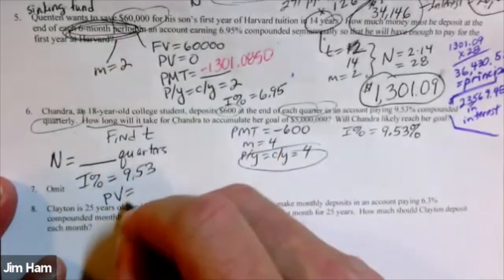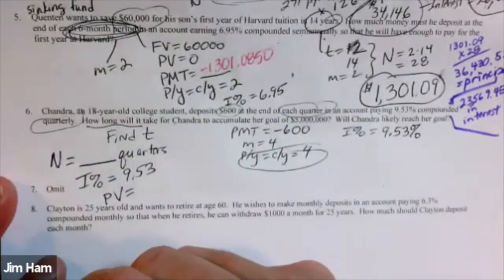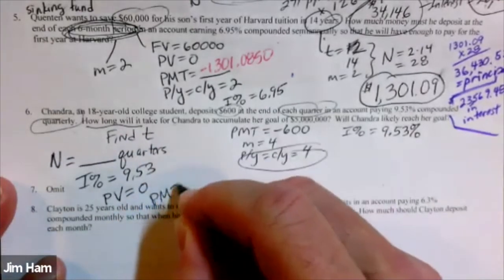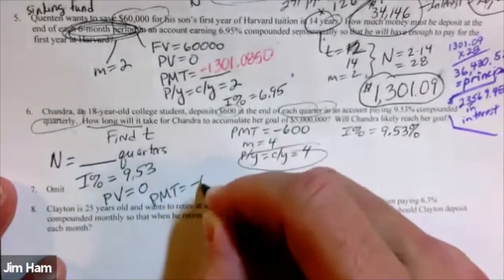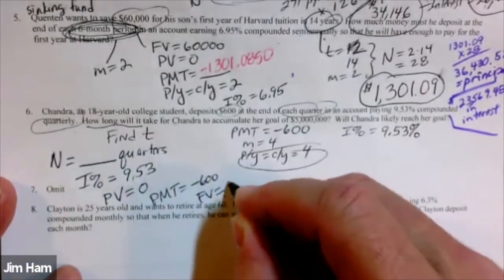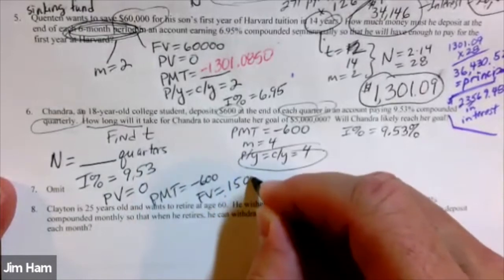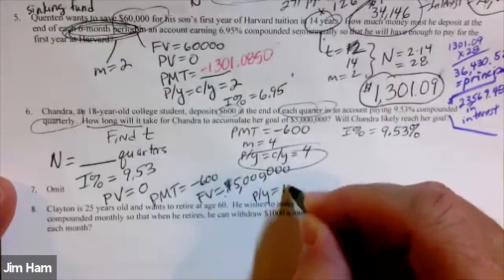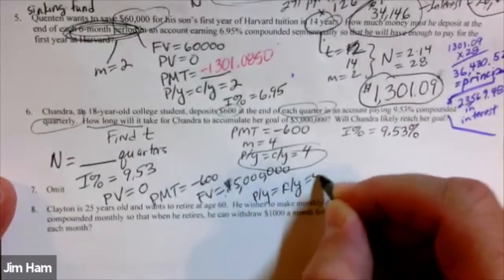The present value in a future value problem is 0. The payments cash out, negative 600. Future value is what our target is, the 5 million. And then payments per year, compounding per year, that's the 4.